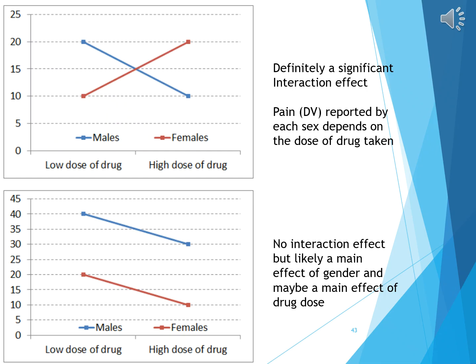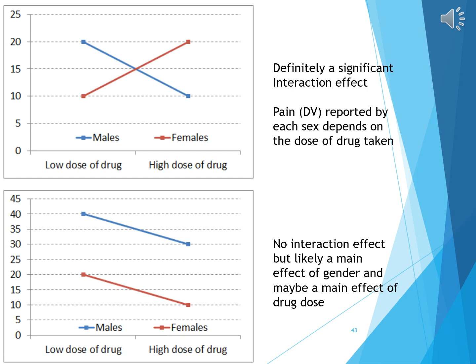But what you might have are significant main effects. So the main effect of gender here, where males, regardless of the dose of drug, are reporting higher pain consequences, side effects, I should say.